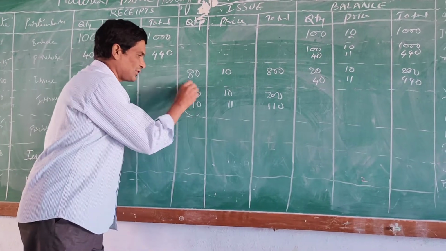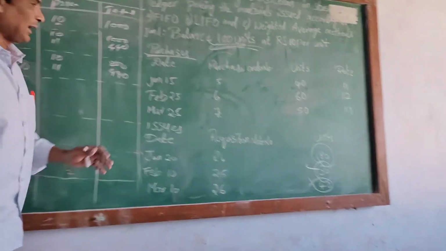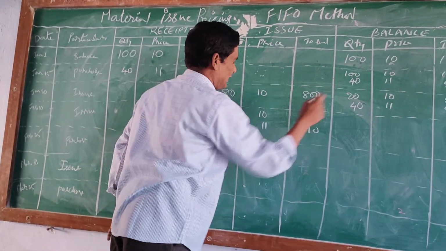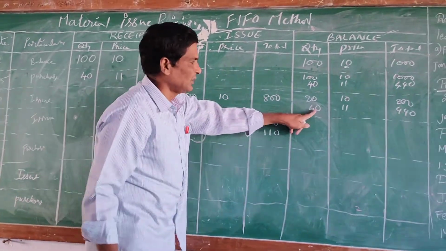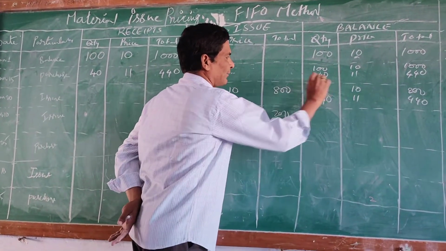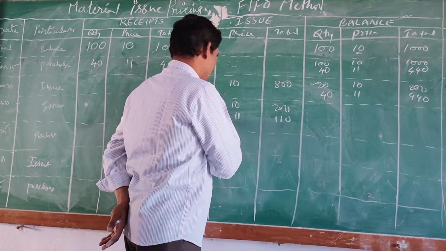So the price of 30 units is, we are having 20 units at 10 rupees balance and another 10 is from this lot. So from these 40 units, 10 units were issued.